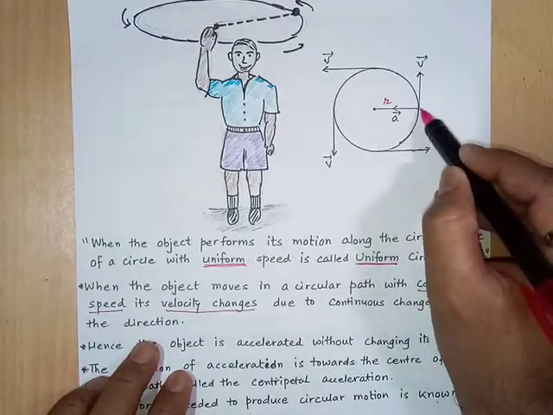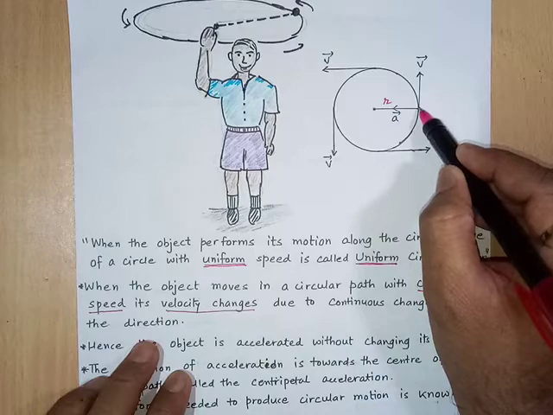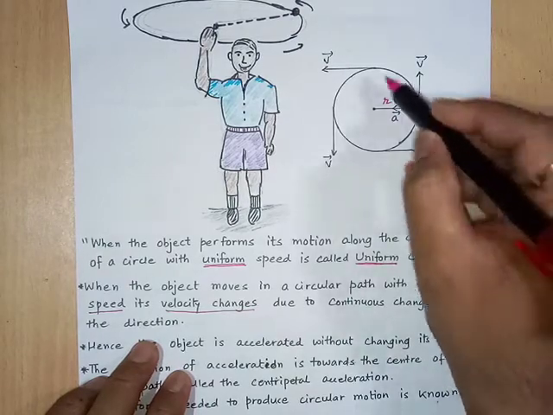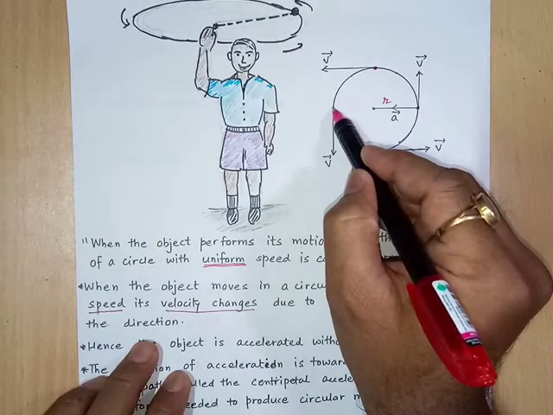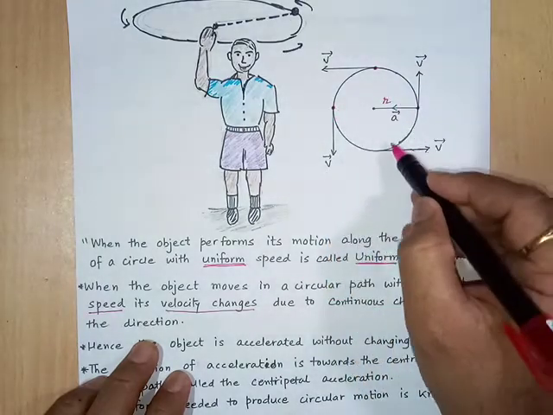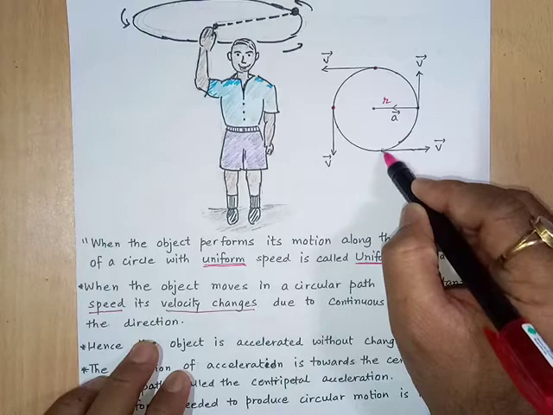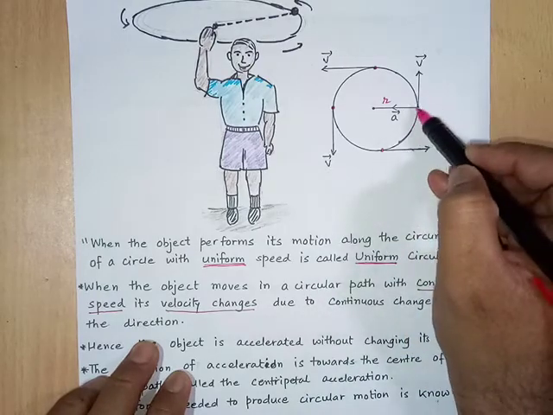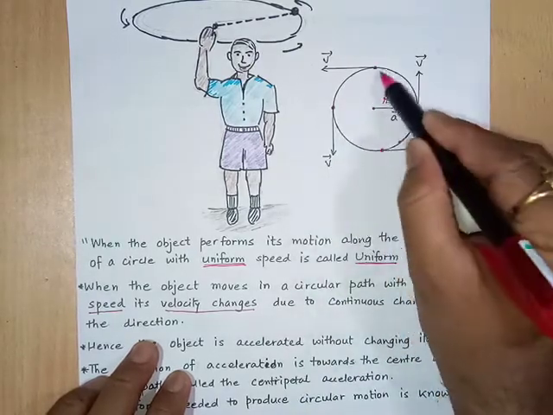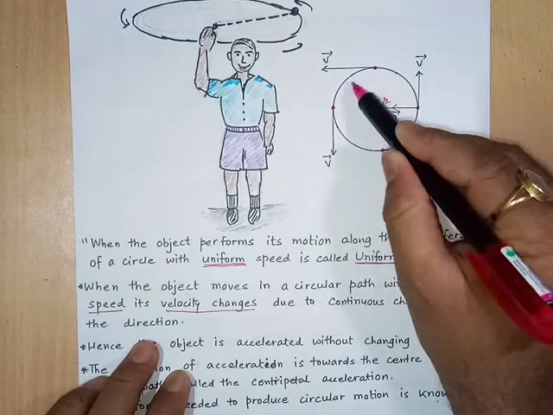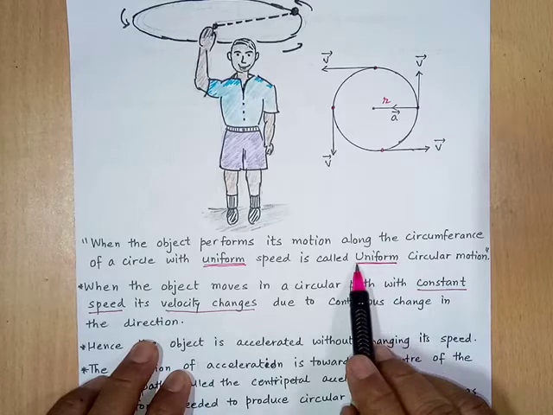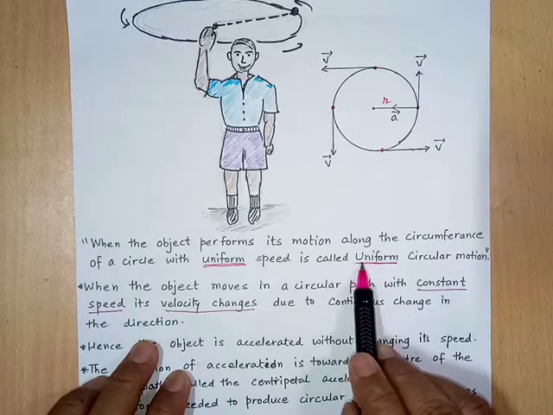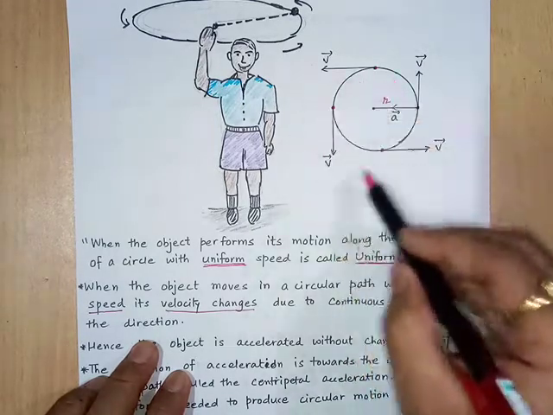Now imagine that the object is at this particular point, or at this point, or at this point. At the respective positions of the object along the circumference of the circle, the speed is constant, because here we define the circular motion as uniform.